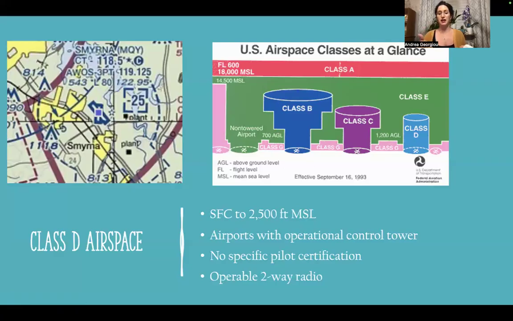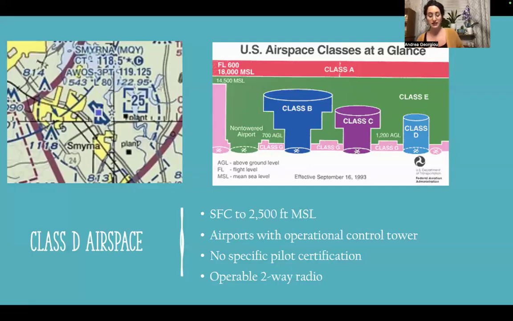Chart supplements are what used to be called AFDs, if that sounds more familiar, airport facility directories. There were those mint colored books, but now they're called chart supplements, and you can pull them up on ForeFlight or on the FAA website. And then number 2 talks more about if it's part-time, what it would go to, whether it goes to Class E or Class G.